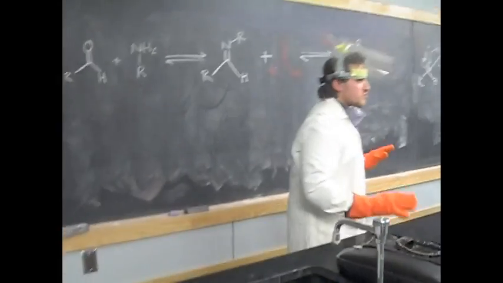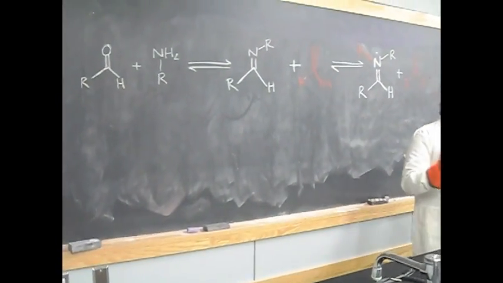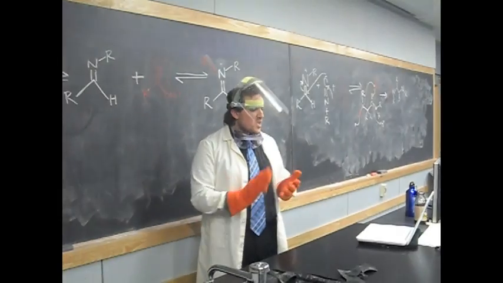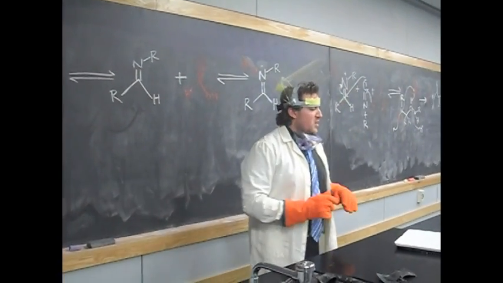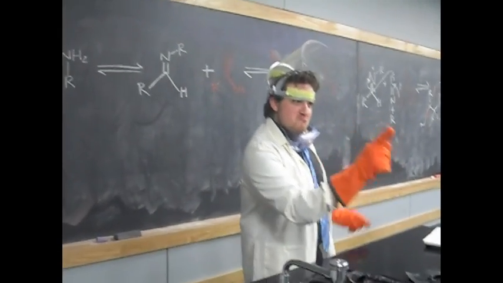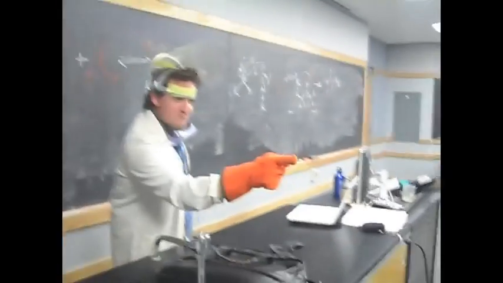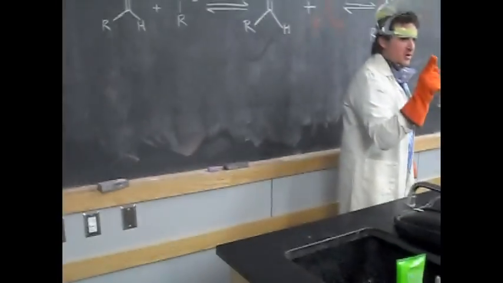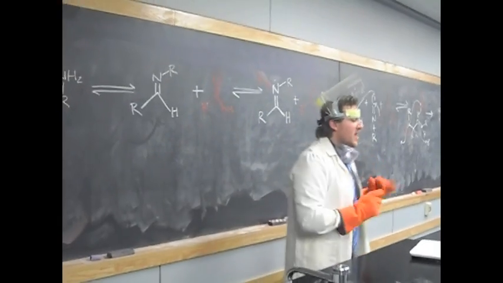Okay. So today we're going to be learning about the Ugi four-component condensation reaction. Now, it is between an aldehyde, an amine, a carboxylic acid, and an isocyanide.